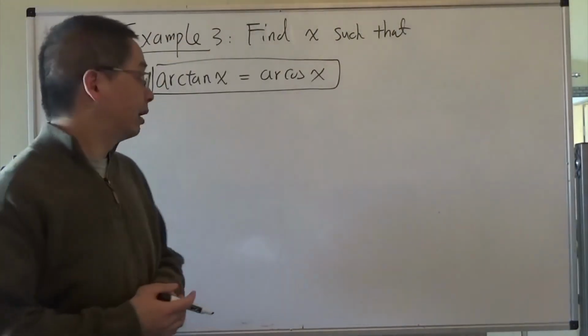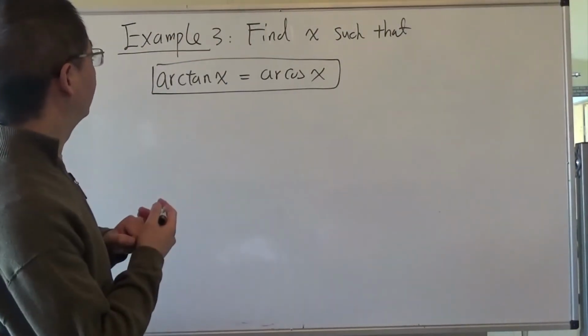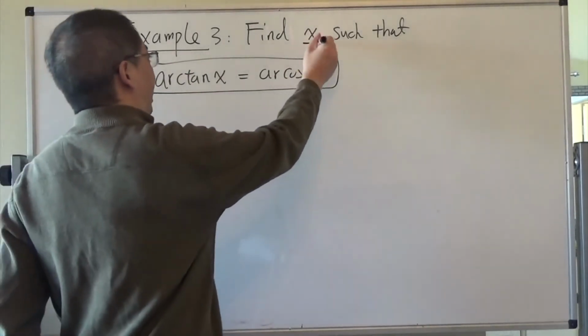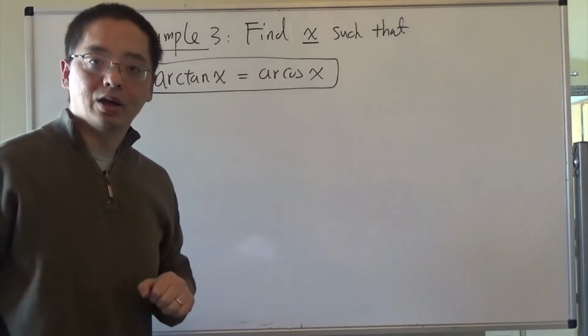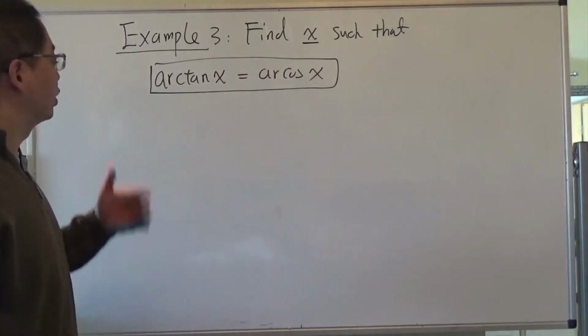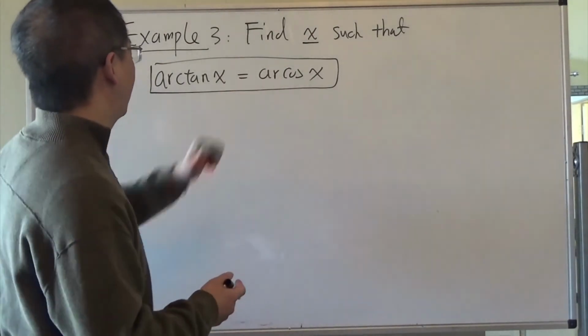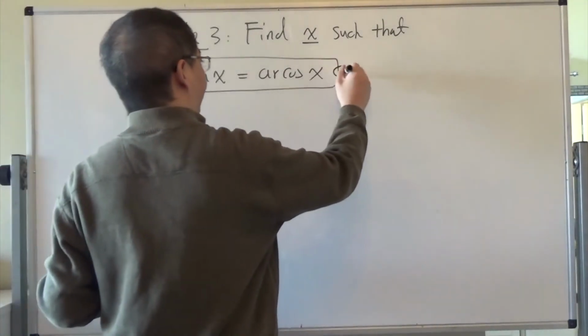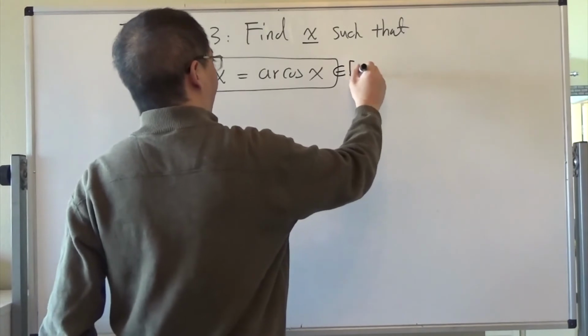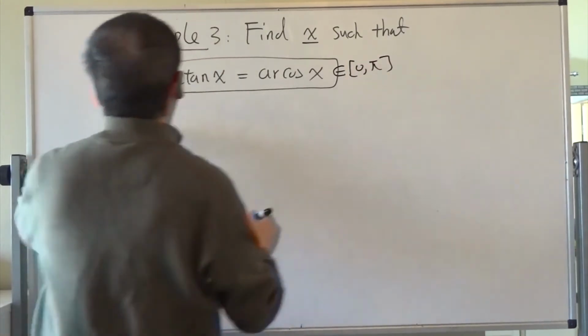Let's look at one more example. Here, what we need to do is to find a real number x such that arctangent x equals arccosine x. First of all, by the definition of arccosine and arctangent, by arccosine, this angle has to be between 0 and pi.